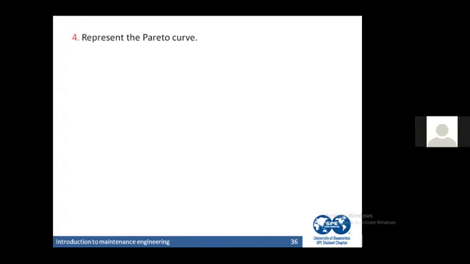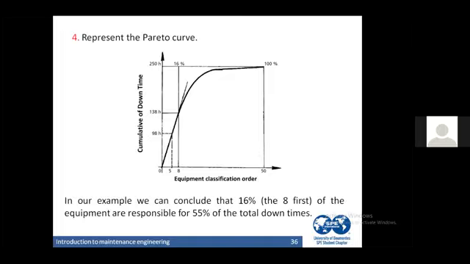In this example, we can conclude that 60%, I mean the first 8 equipments, are responsible for 55% of total downtime. Those 8 equipments need to be taken care of because they are responsible for more than half of the unavailability of the totality of your equipment.